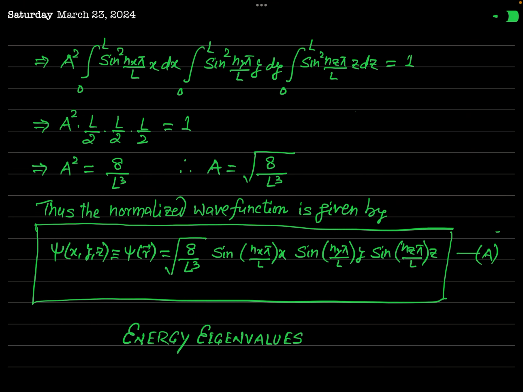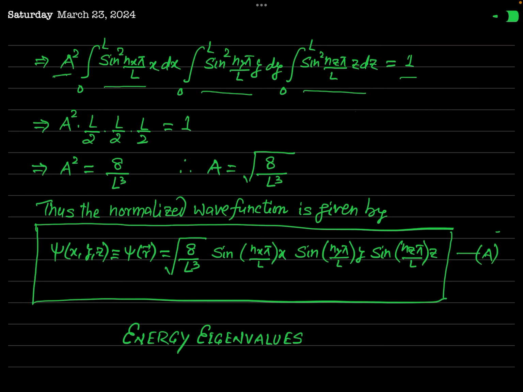But A squared is a constant factor, so take it outside of the integral. So this is A squared times integral 0 to L sine squared nx pi over L x dx, times integral 0 to L sine squared ny pi over L y dy, times integral 0 to L sine squared nz pi over L z dz, and that's equal to 1.